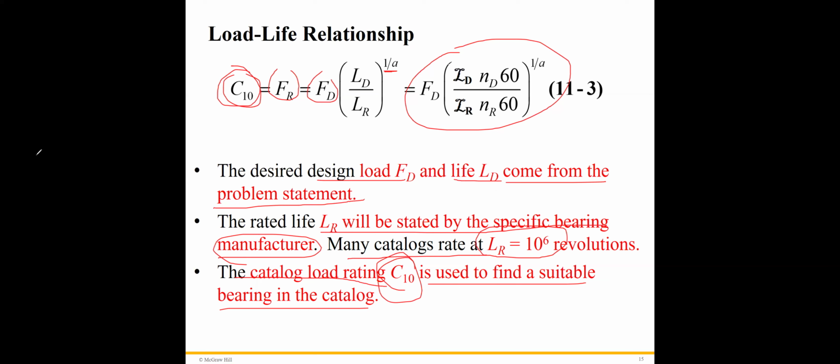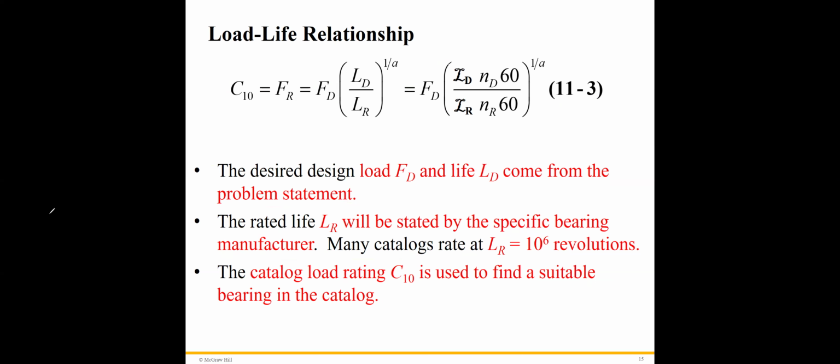As I want to mention, we are not going to analyze any force or stresses on bearings. We only estimate what its C10 is, and we use the C10 to find the suitable bearing we want from the catalog.